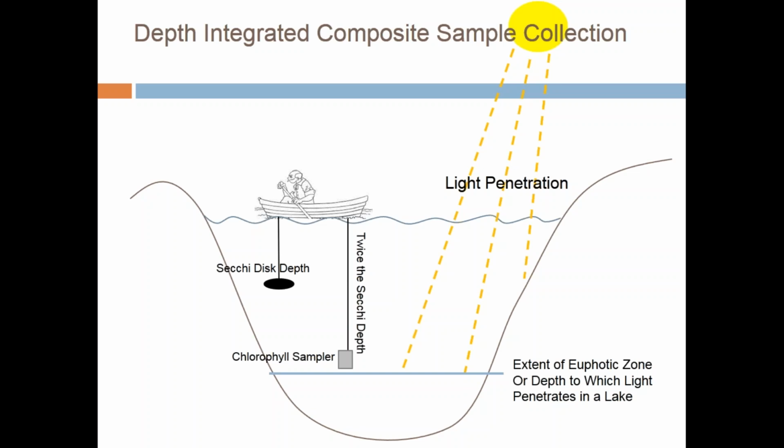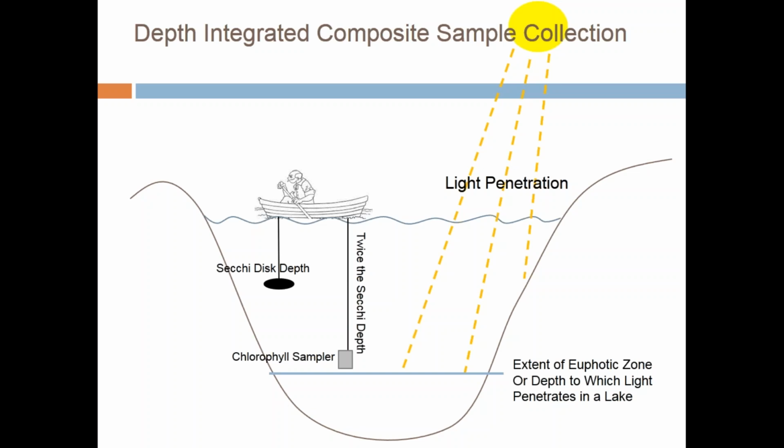Well, basically what's going on in your lake is that the light can penetrate through the water column to about twice the depth of how far down you can actually see with your own eyes. So it's twice the Secchi depth that is the zone in which you are getting algae growth.